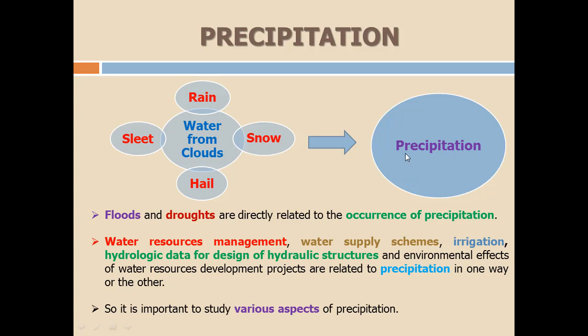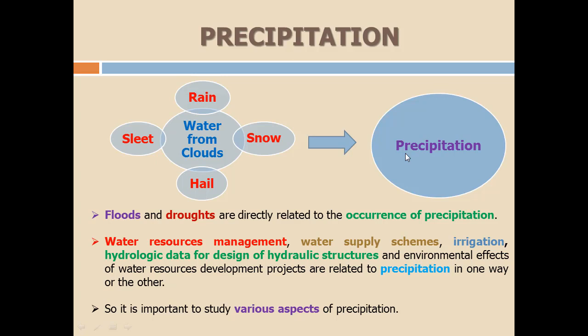As we have already seen, floods and droughts are directly related to the occurrence of precipitation. If in a region there is heavy precipitation, heavy rainfall, hail or snowfall, then in the downstream areas floods occur.